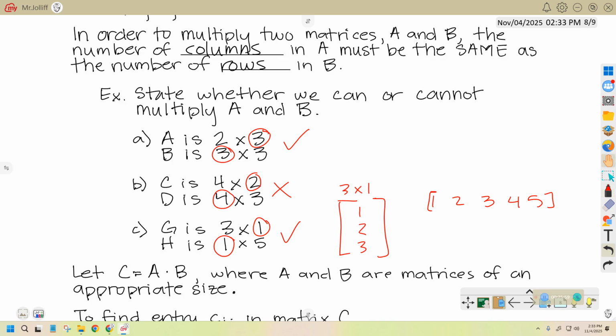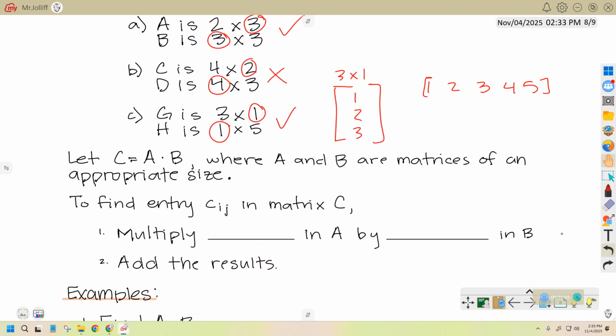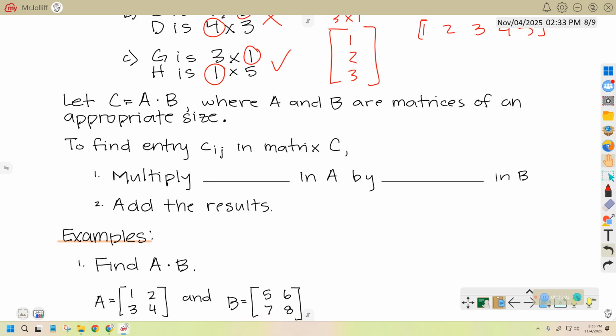All right, so we're going to go through a brief explanation of what we're doing, and then I'm going to show you how to do it with an example, because it is easier to do it once you've seen it. The idea is in my matrices, I'm going to take the first row of matrix 1 and the first column of matrix 2, and I'm going to pair them up, and I'm going to multiply matching entries and add the results together.